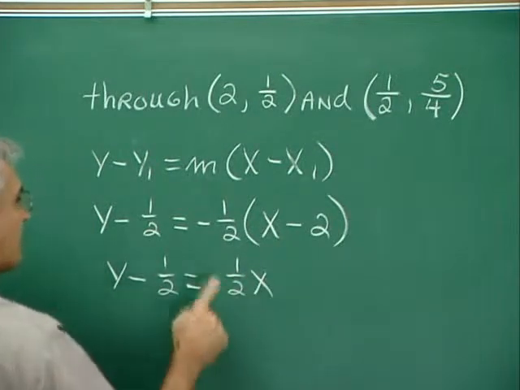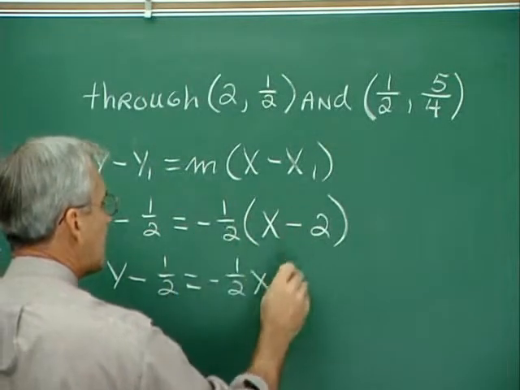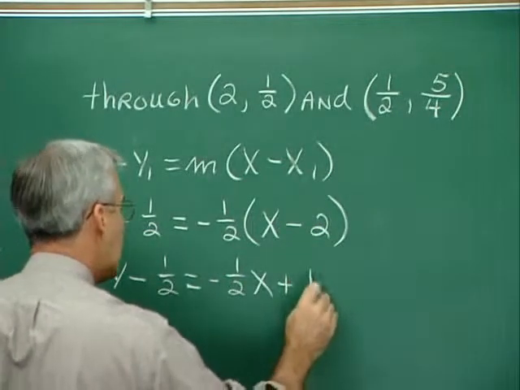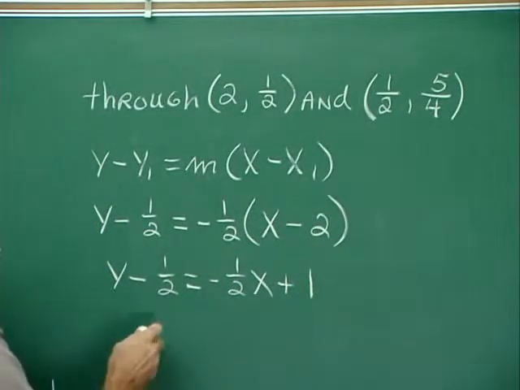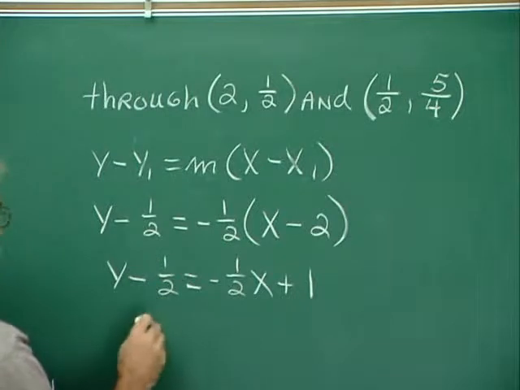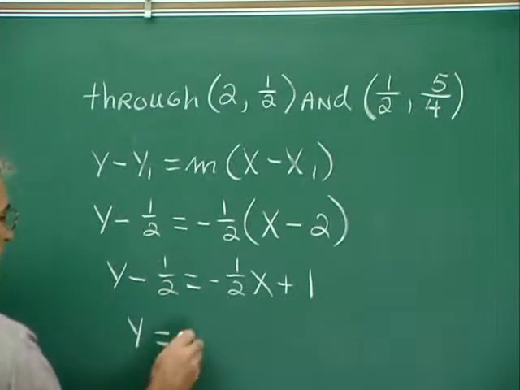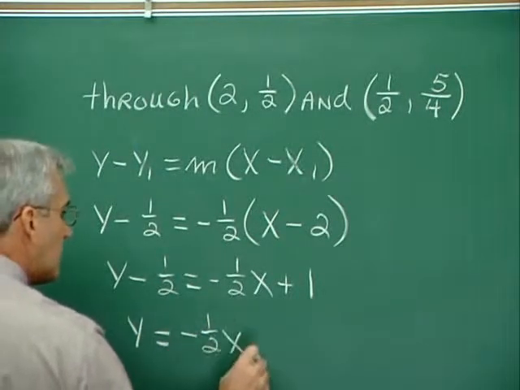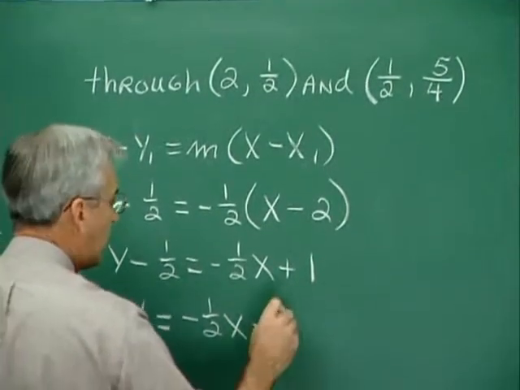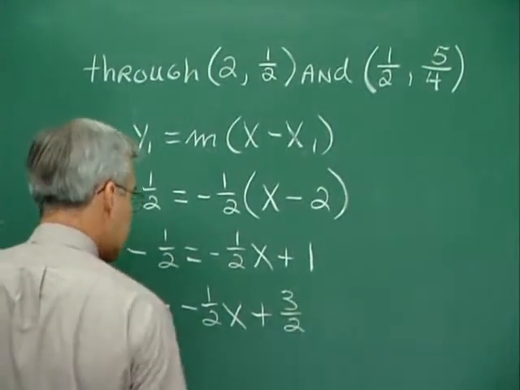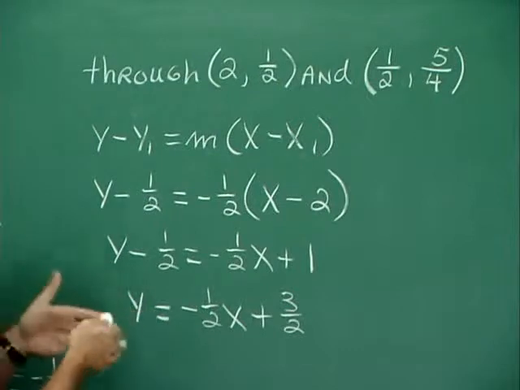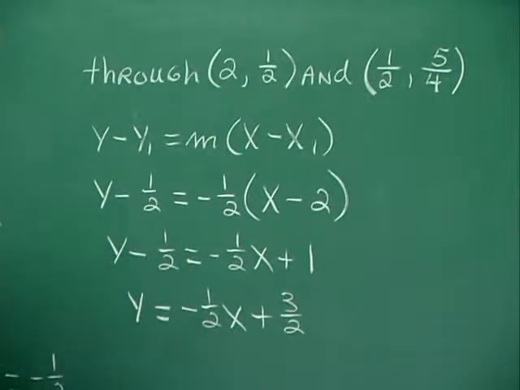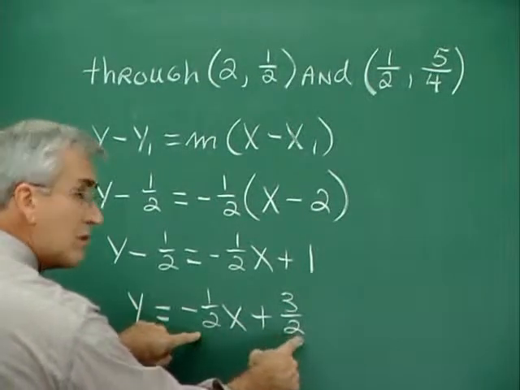That's negative 1/2 x. Negative 1/2 times negative 2. Negative times negative is positive. 1/2 of 2 is 1. And now we'll add 1/2 on both sides to find y equals negative 1/2 x plus 1 and 1/2, or 3/2. So again, I'm putting this into the slope-intercept form.